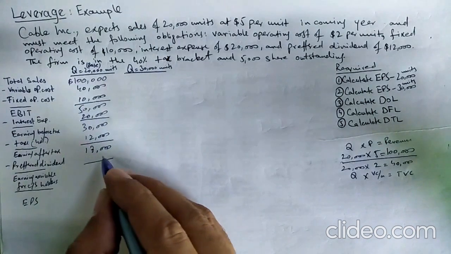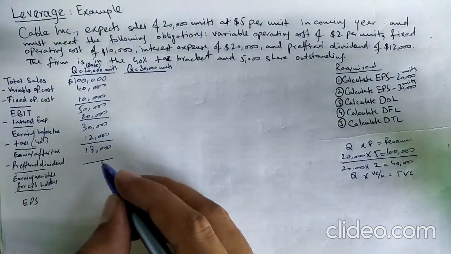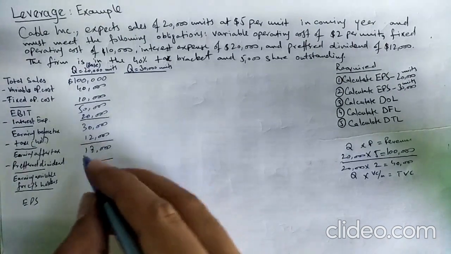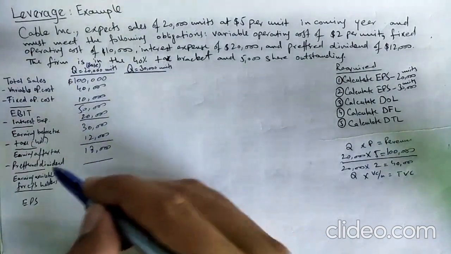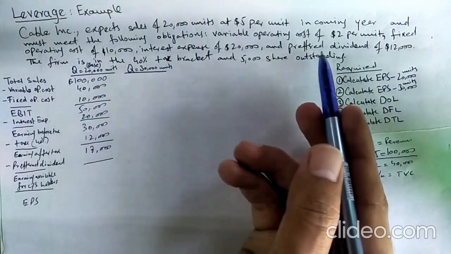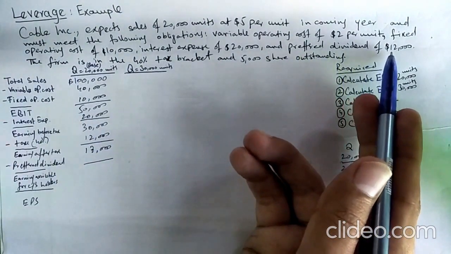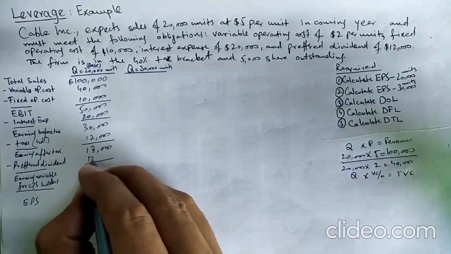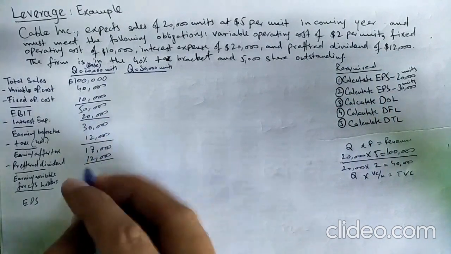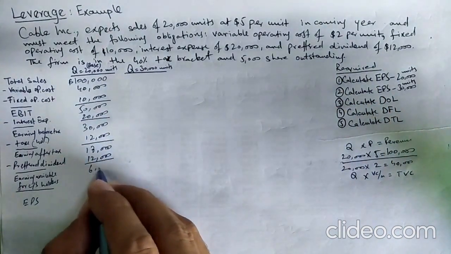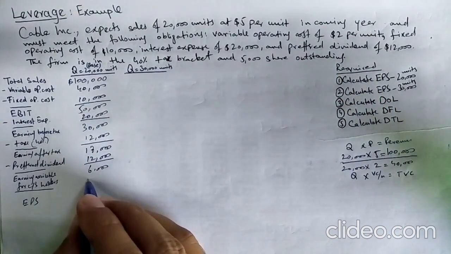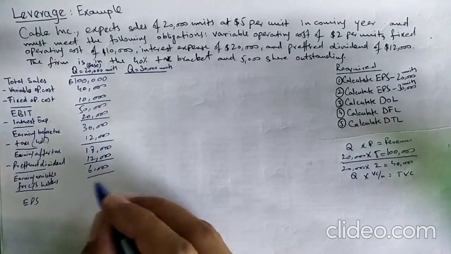So after paying tax to the government, we have an income of 18,000. Out of this 18,000, we pay the preferred dividend, which is 12,000. 18,000 minus 12,000 is 6,000. So now we have earnings available for common stock, which is 6,000.